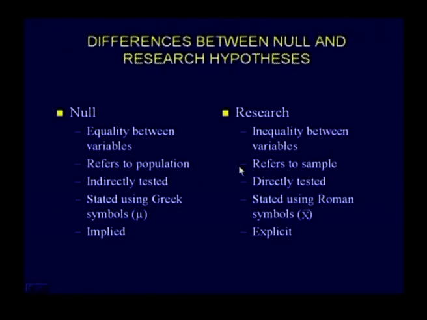Research hypothesis refers to sample. Null hypothesis is indirectly tested. Research hypothesis is directly tested. Null hypothesis is stated using Greek symbol mu, whereas research hypothesis is stated using Roman symbol x bar. Null hypothesis is implied. Research hypothesis is explicit.